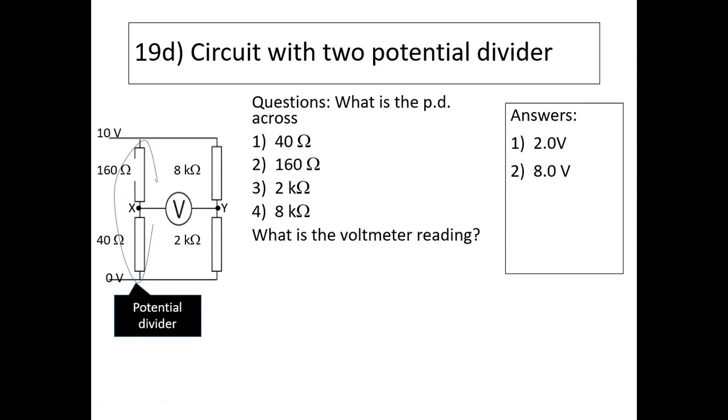So what's the answer? The answer is 2. Why take so long? Across 8 kilo ohm, 8 also. It's 10 minus 2. So what's the voltmeter reading?